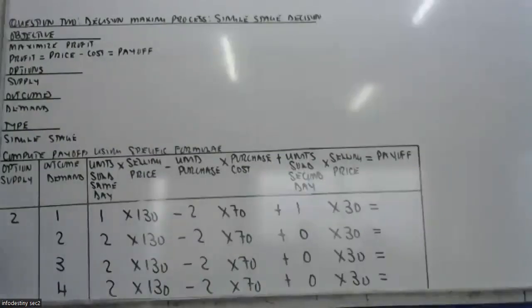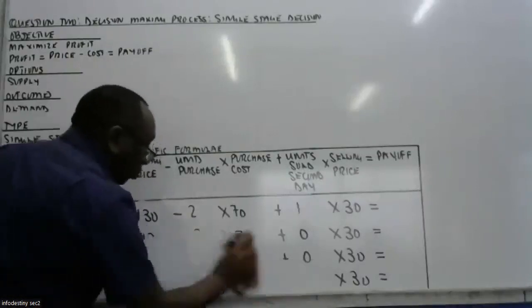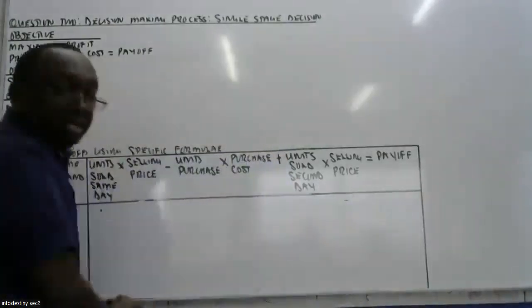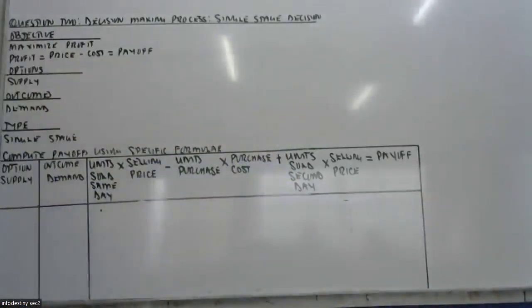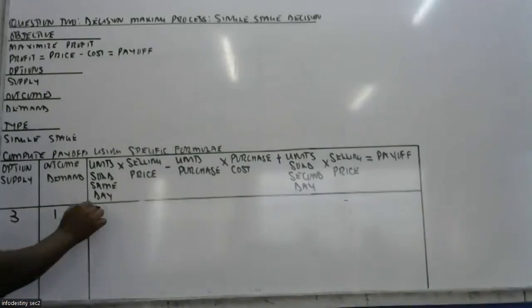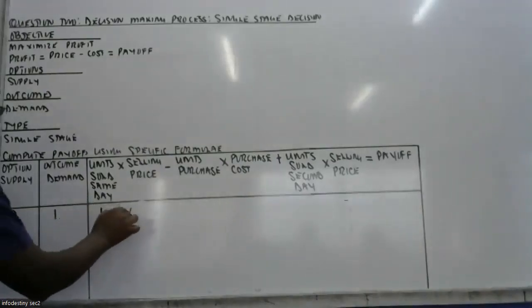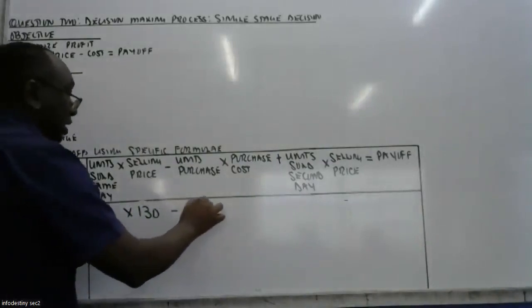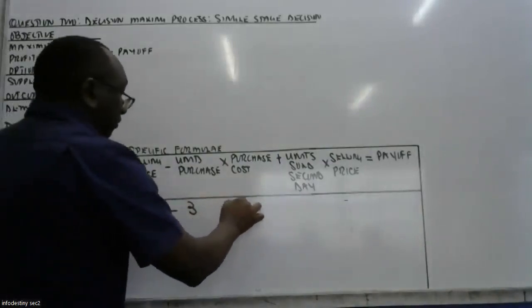With that we close, let's go to 3. Let's see what happens if you now go to the market and bring 3 of them. If you buy 3 and only 1 customer comes, then you just sell 1 at 130, and you have bought 3 at 70.